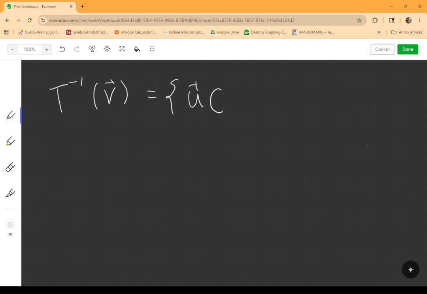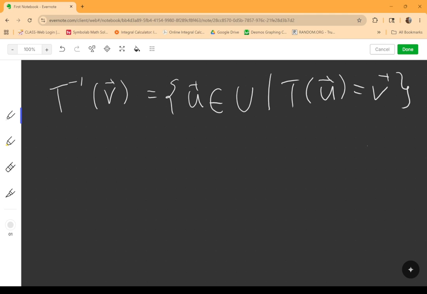Where we have our linear transformation. The way we would state something like this is, for each v, we define the preimage of v to be the subset of u.